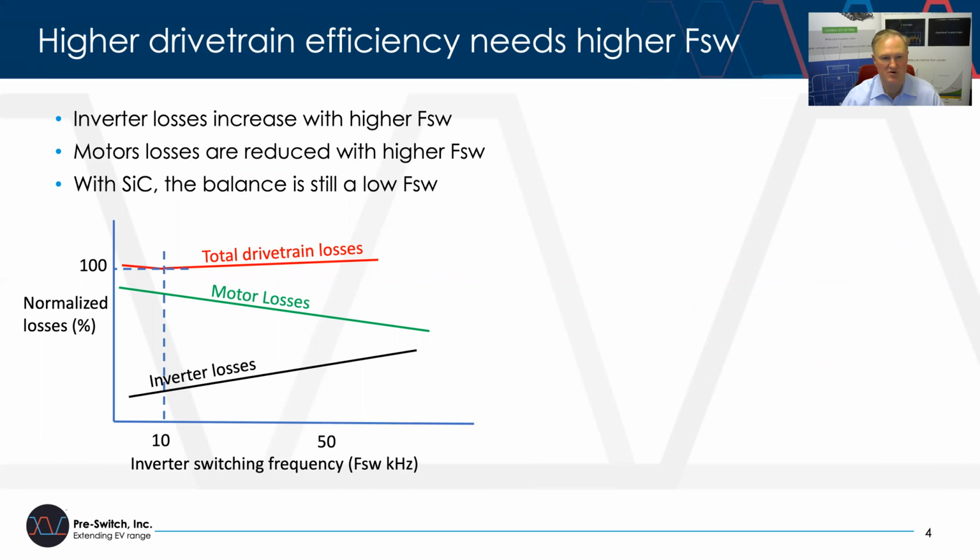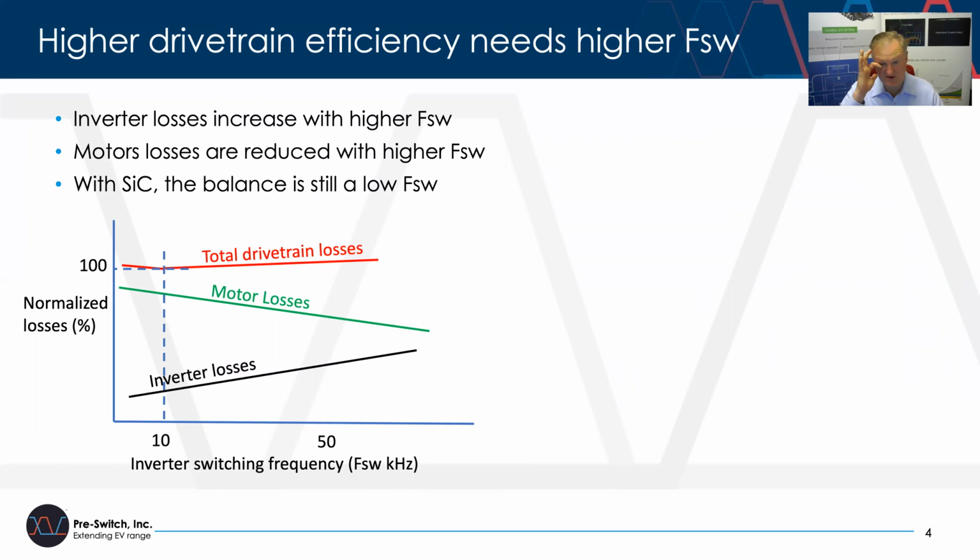In today's inverters, there's a balance between how fast you can switch the transistors and the quality of the sine wave that they produce. And that balance is weighed against the motor efficiency data. And so the faster you can switch an inverter, the higher the motor efficiency, but the lower the inverter's efficiency.